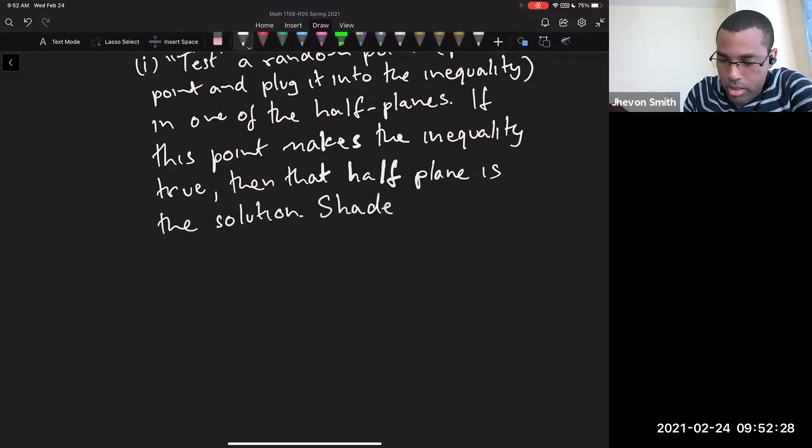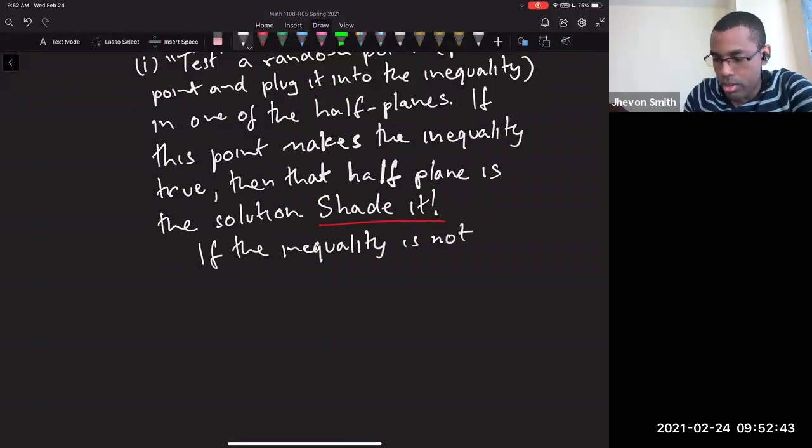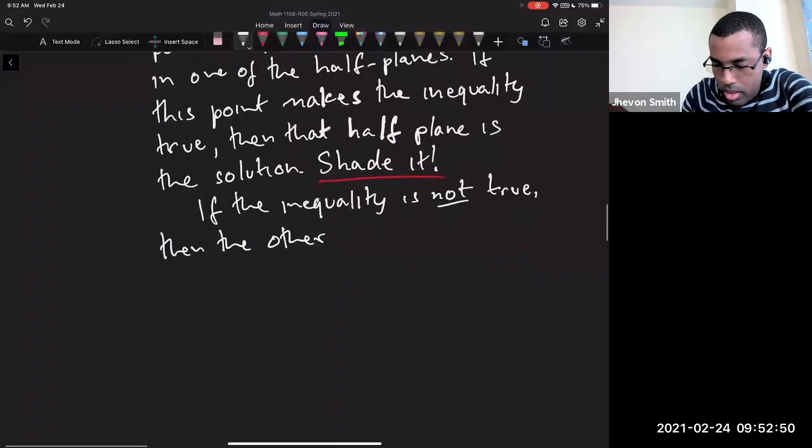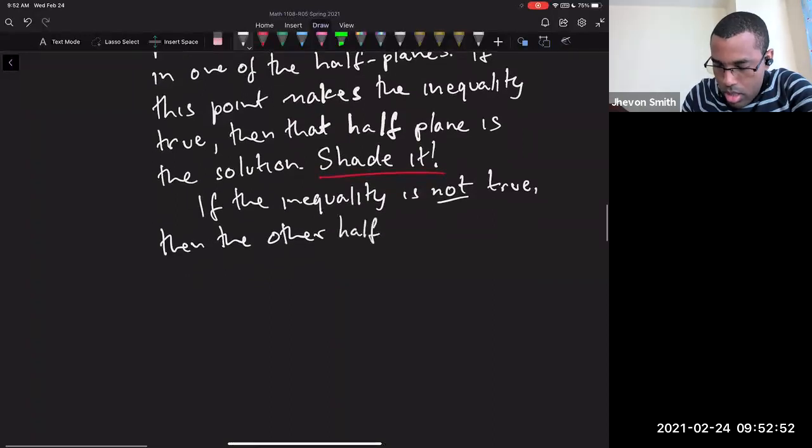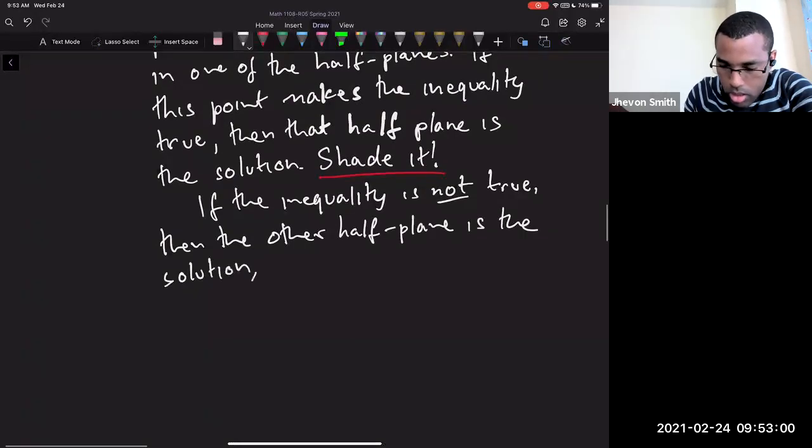Shade it. If the inequality is not true, then the other half plane is the solution. So shade that one.